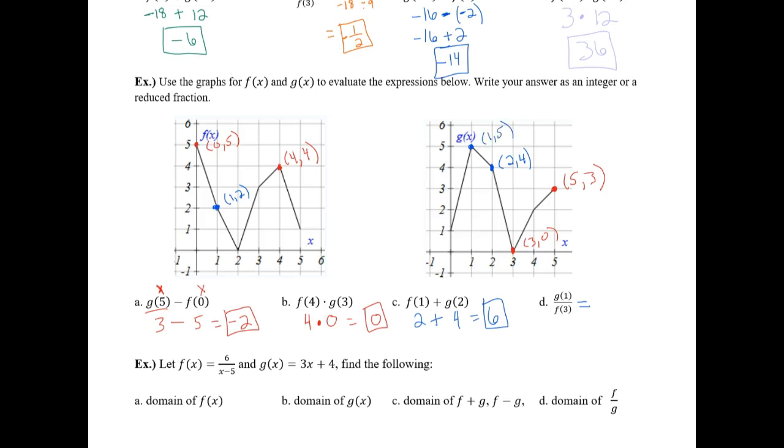So when I plugged in 1, I got out 5 for y. Moving over to my f function, I want to let x be 3. I have to find the y that goes with it. So now I am at the point 3, 3. When I plugged in 3 for x, we got out 3 for y. That can't be simplified, so that's our final answer.